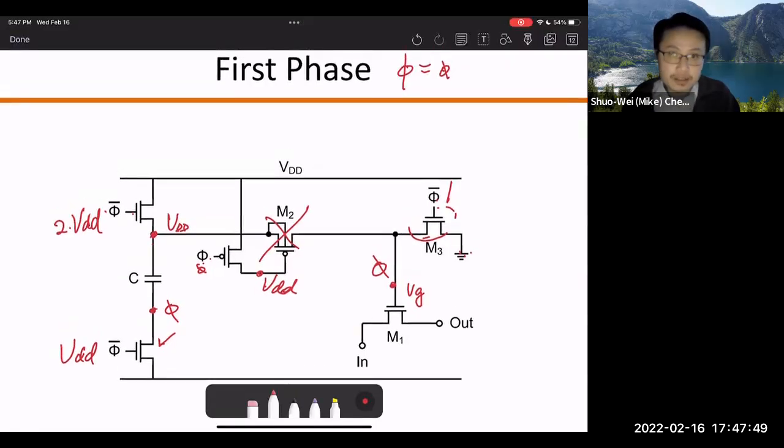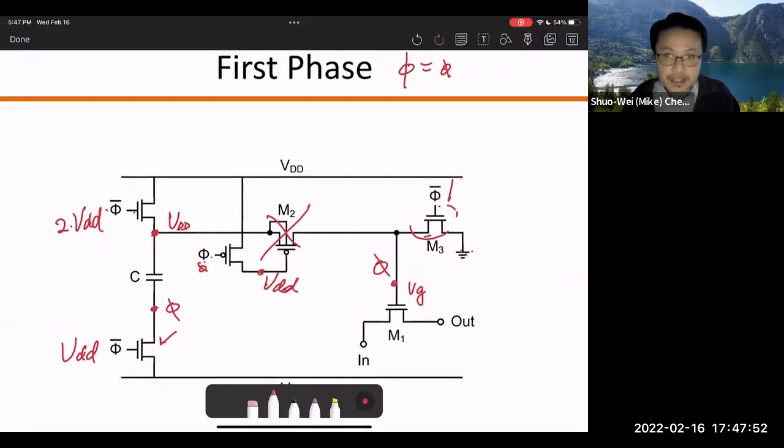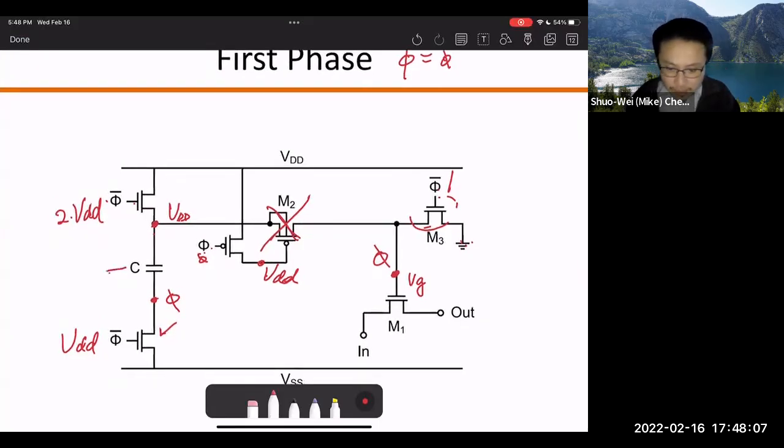So the bottom line is that in the first phase, my VG will get pulled to ground, and this M2 in between will disconnect the left and right. The important thing is, look at what happened to this capacitor during this first phase.